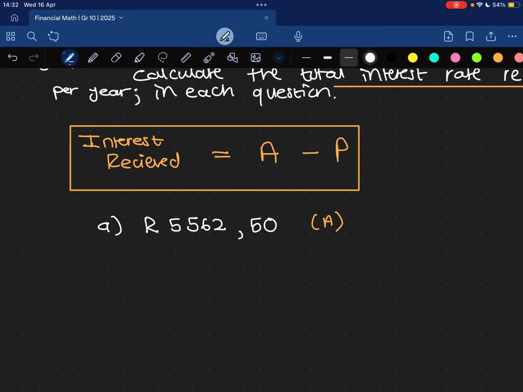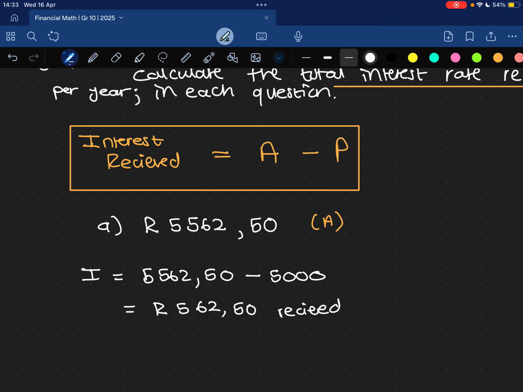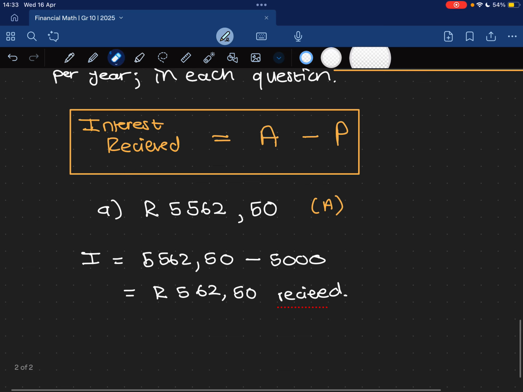The original amount was 5,000. So that means that the interest received is going to be equal to 5,562.50 minus the original 5,000 that we had. Then we get an answer of 562.50 received.